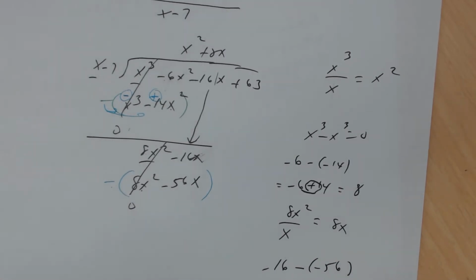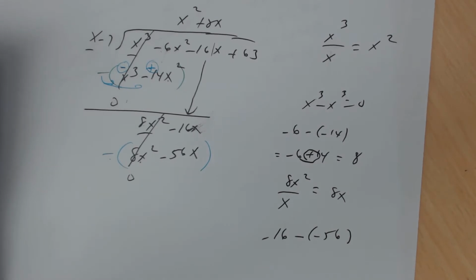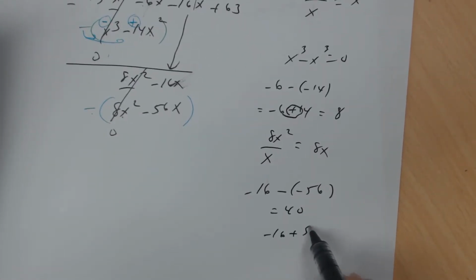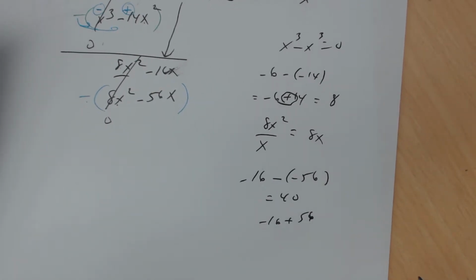So in your calculator, when you do negative 16 subtract a negative 56, you should get a positive 40. All right, because this really becomes negative 16 plus 56. That's what this really becomes.